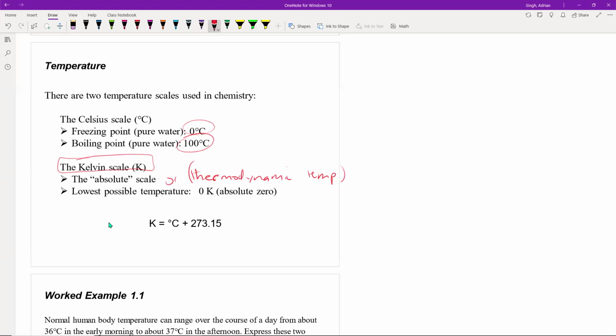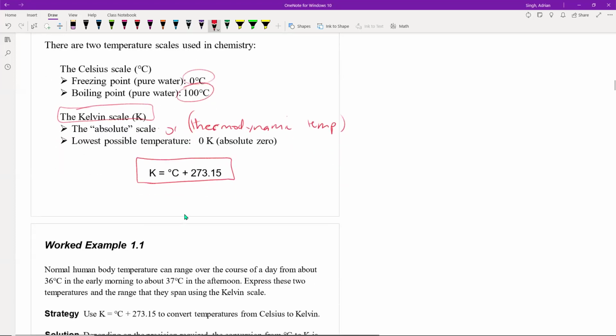And the relationship between the Kelvin scale and the Celsius scale is fairly straightforward. We just simply add 273.15 to the Celsius temperature in order to get to the Kelvin temperature. And on the Kelvin scale, we establish the lowest possible temperature, which is 0 Kelvin, and that's known as absolute 0.